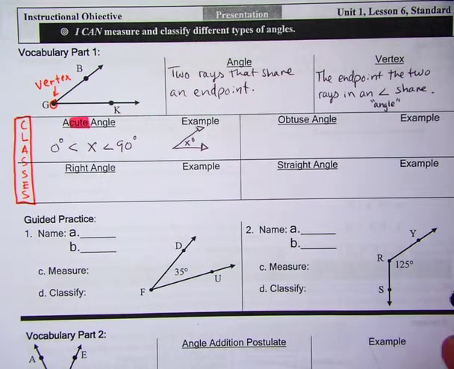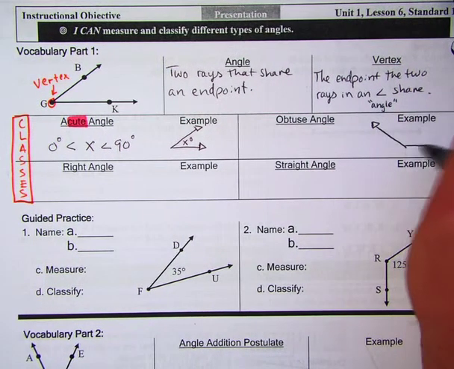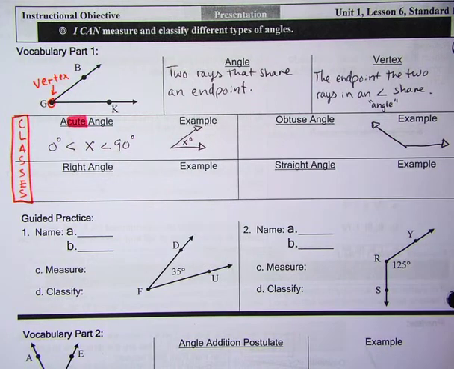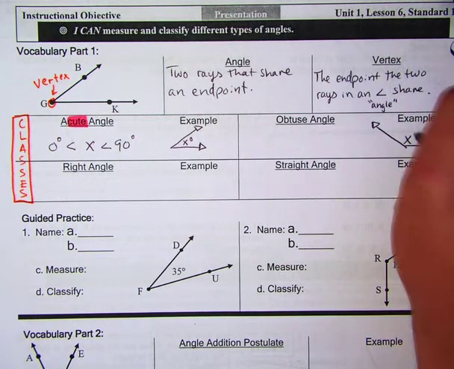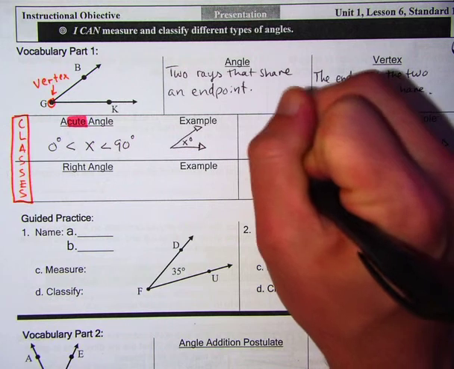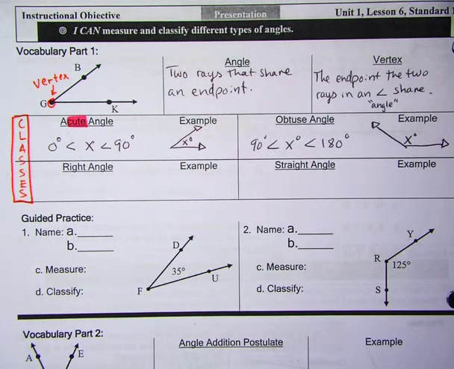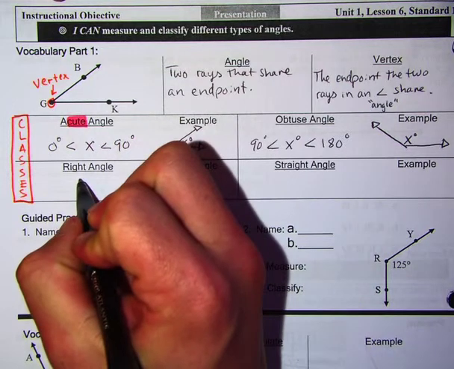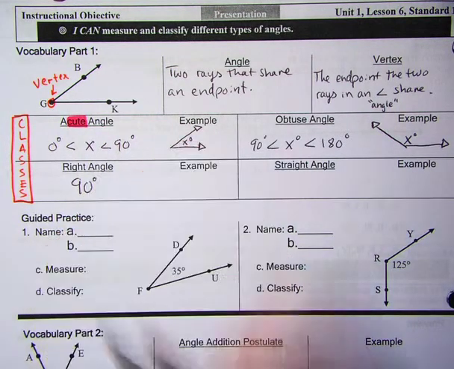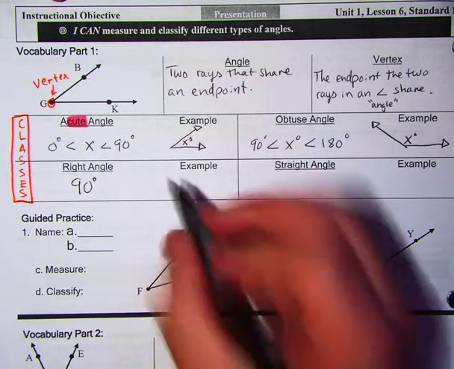Now an obtuse angle is an angle whose measure is greater than 90 degrees but also less than 180. Now a right angle is 90 degrees. So if you're right in between acute and obtuse, you're a right angle, you're 90.